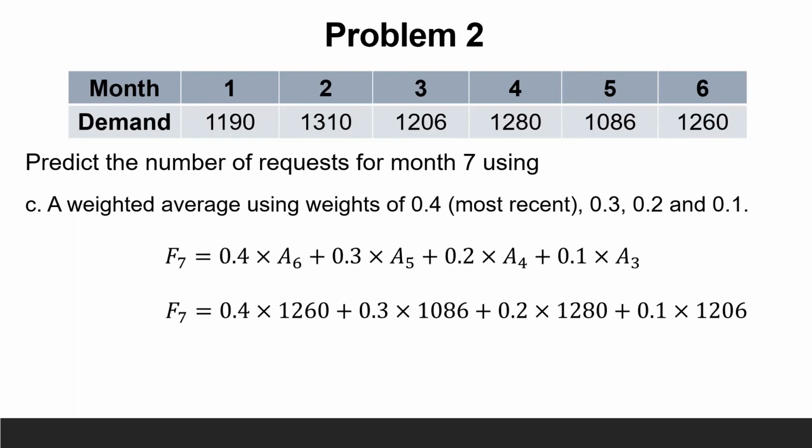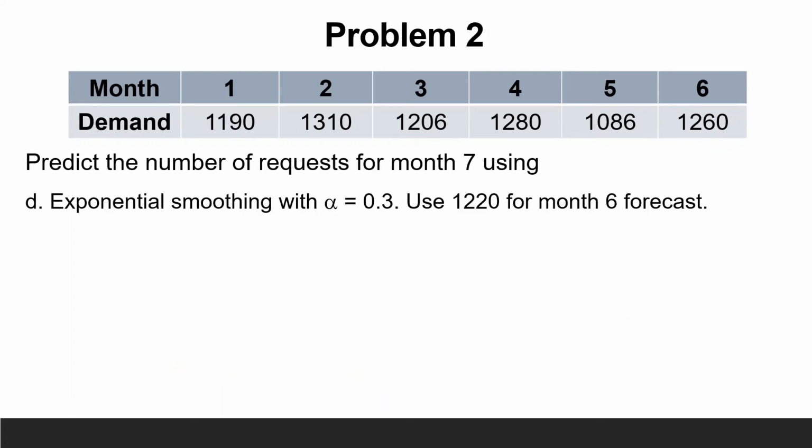Substituting the values of A6, A5, A4, and A3: F7 equals 0.4 multiplied by 1260 plus 0.3 multiplied by 1086 plus 0.2 multiplied by 1280 plus 0.1 multiplied by 1206 equals 1206.4, approximately equal to 1206.